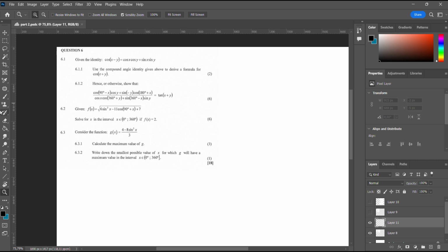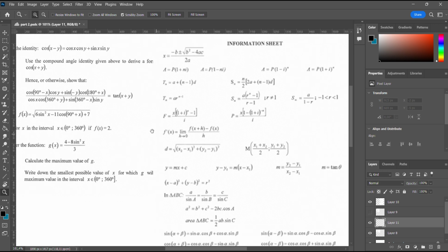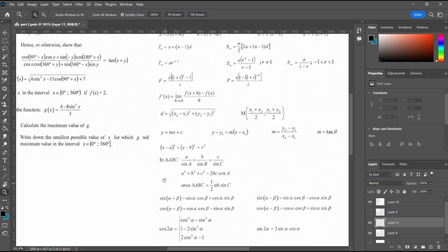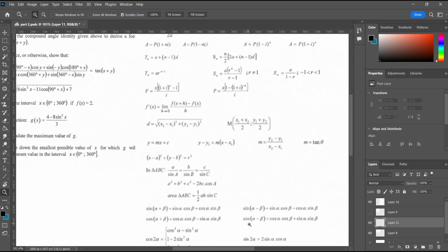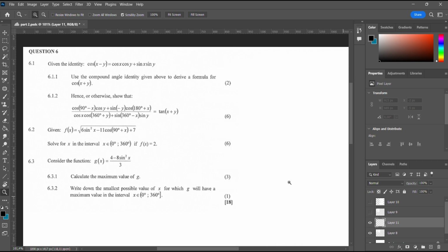So the first question says, given the identity that, so we know that this identity exists from the cos A minus B. So cos A minus B is that, and then they say use the compound identity given above to derive the formula.